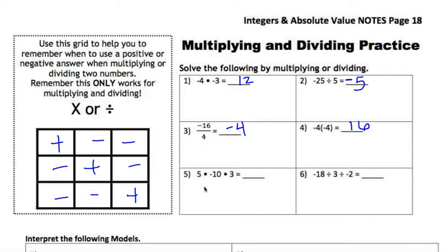Now for this one, negative 50 times a positive 3 will be a negative 150, because a negative times a positive is a negative. For number 6, negative 18 divided by 3 first is negative 6. And then negative 6 divided by negative 2 is a positive 3.